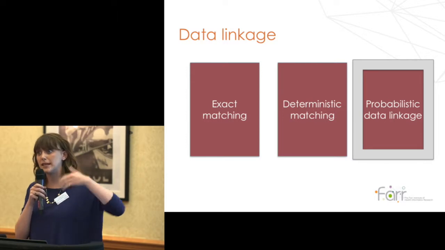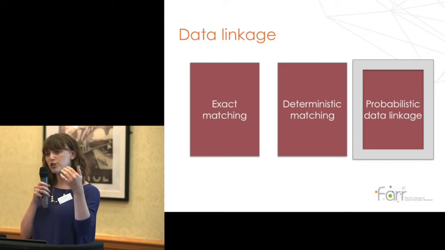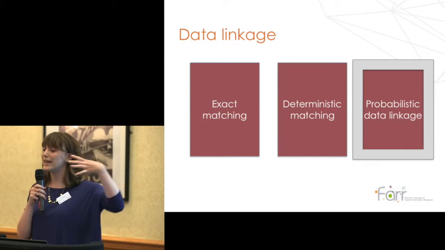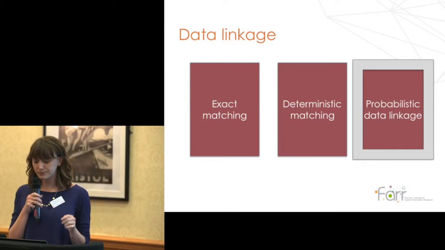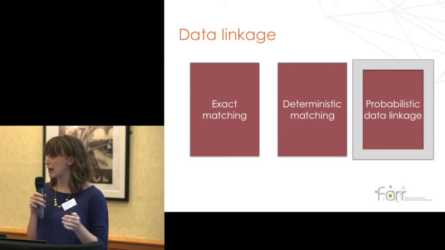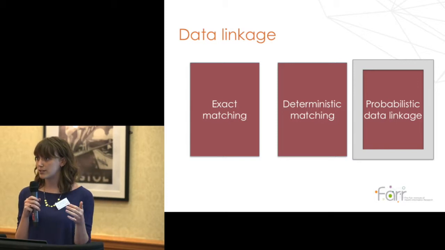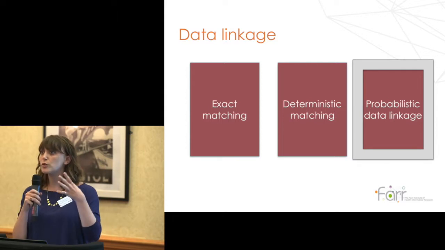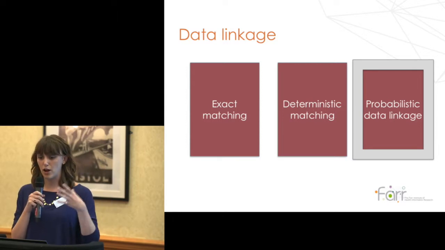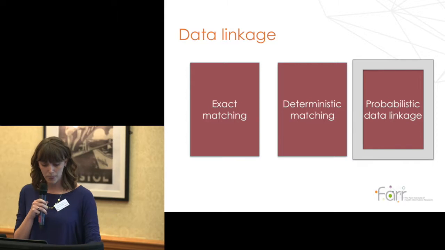So a surname would be an indicator of a stronger match, and would have a higher weight associated with it. And I'll get to more details about that method in a moment. So that is the method that we've used in our research to link two different data sets to better understand migrant health here in the UK.